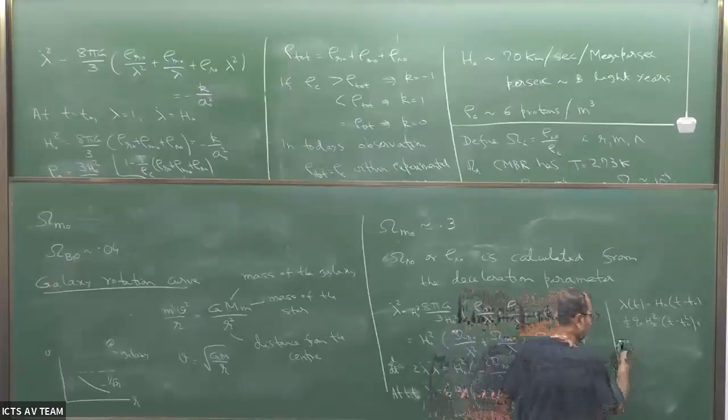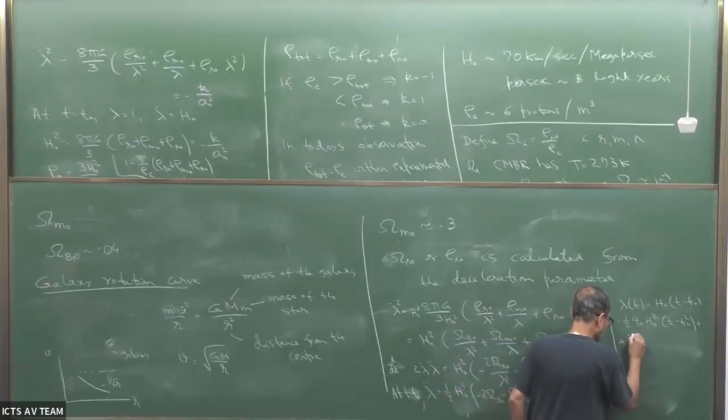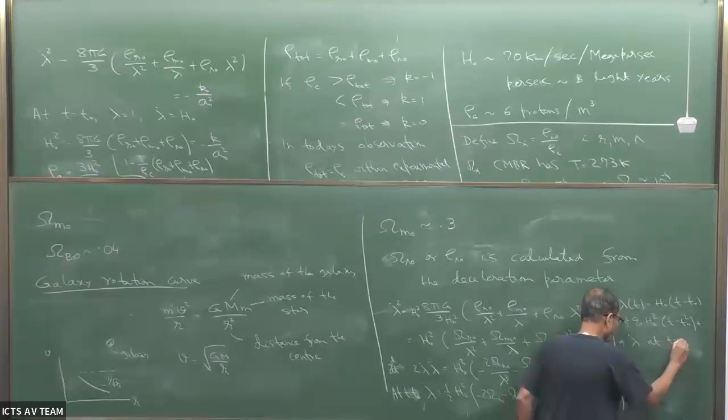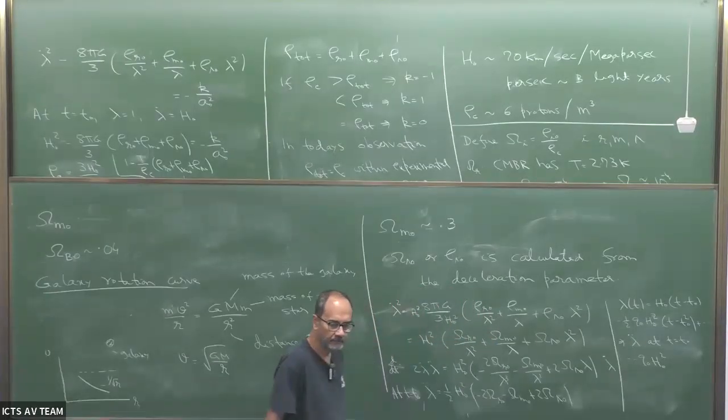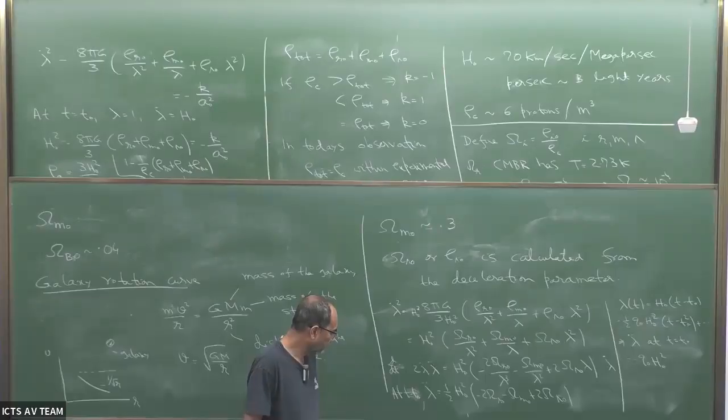So lambda double dot at t equal to t naught is basically minus q naught h naught square. So compare these two.